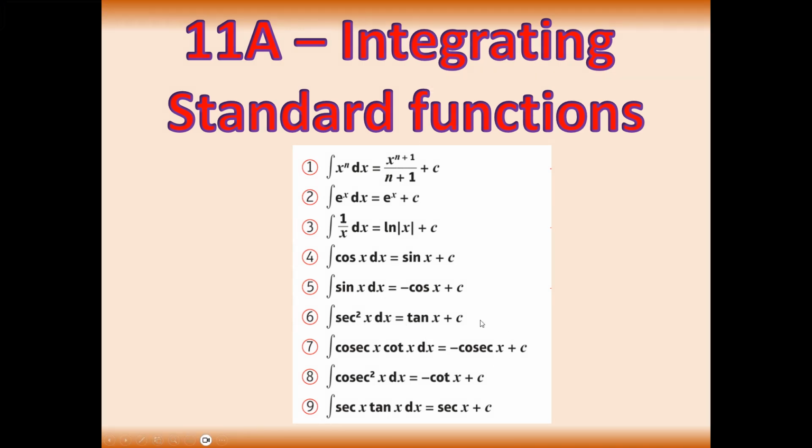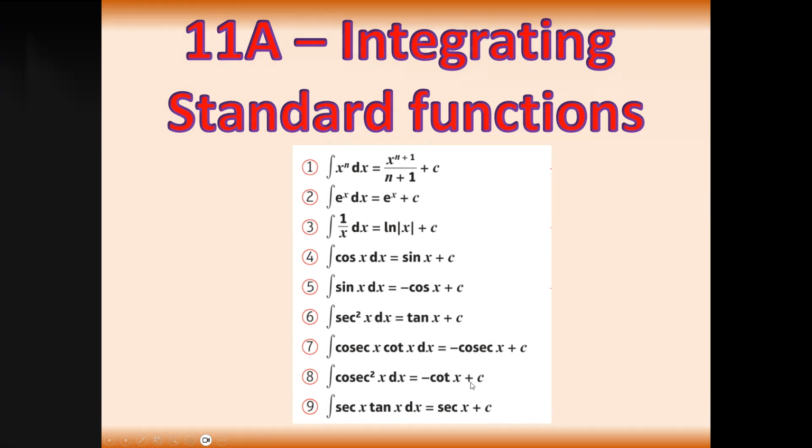We found the derivative of cosec to be negative cosec times cot. So when we have the integral of cosec times cot with respect to x, we are going to put the negative sign in front of the answer, which is cosec. When we differentiated cot, we ended up with negative cosec square.